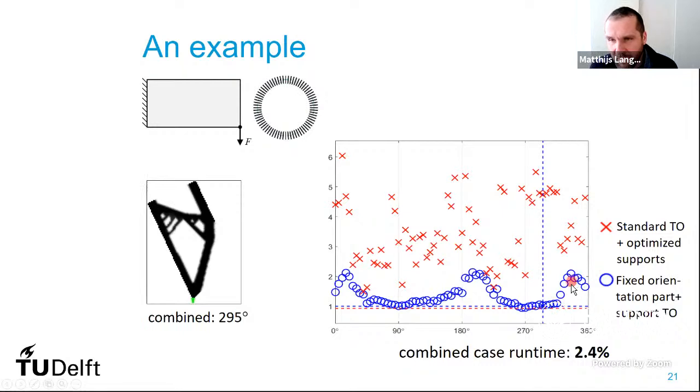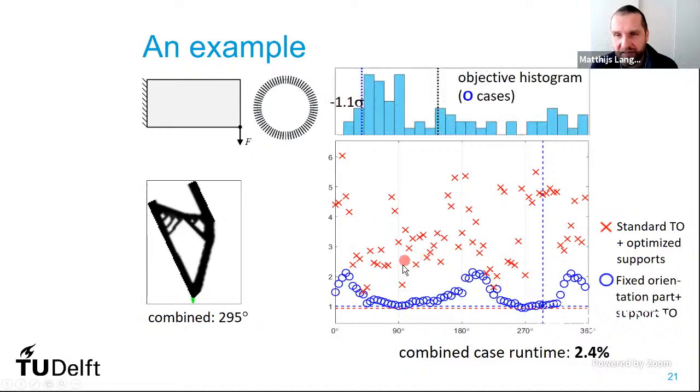And you can also see that this orientation shows a rather multimodal behavior, so that makes it a difficult optimization problem to optimize for build orientation. Still a nice challenge though. This is a histogram of the blue design, so the ones optimized for overhang. And the design that was obtained by this combined approach is here at this position.